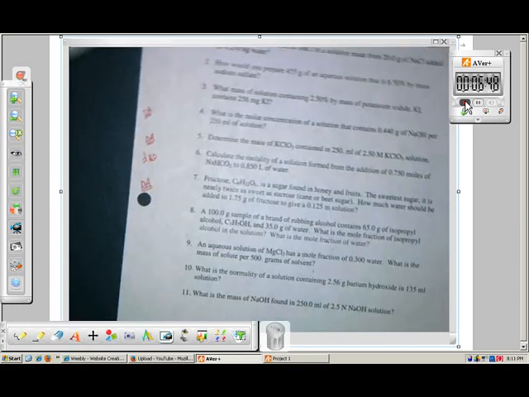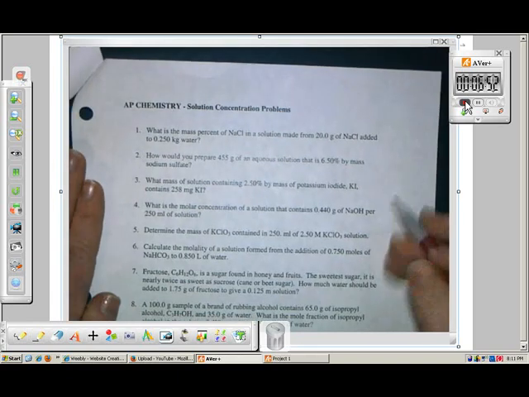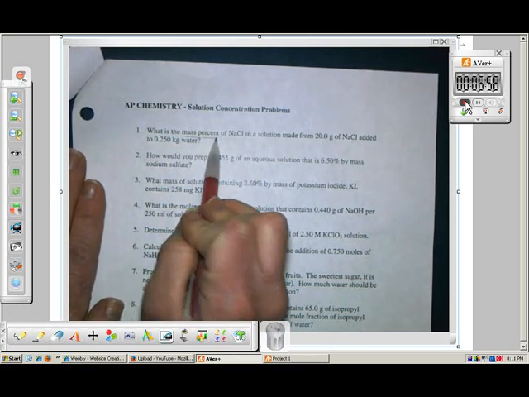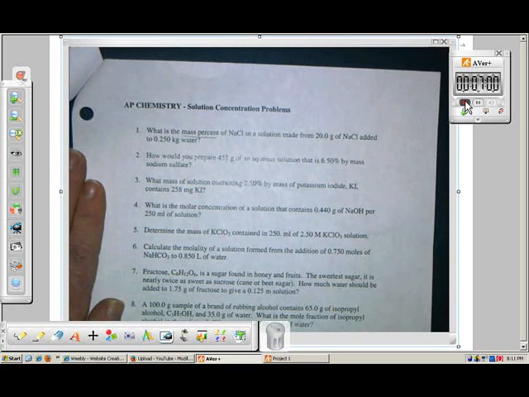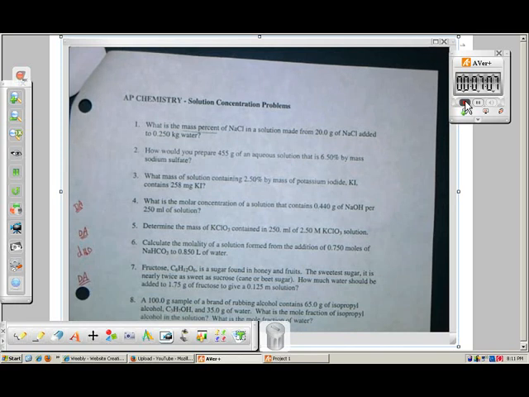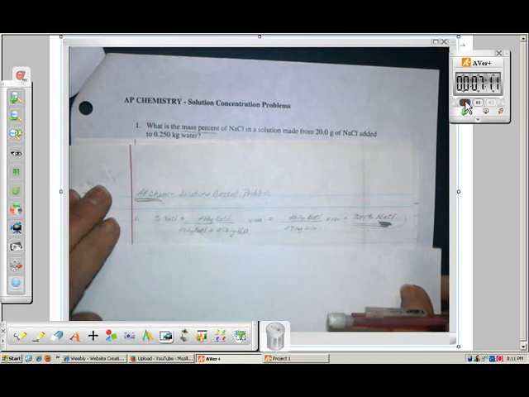So what I would like to do now is to go through some of the examples that are on the next page, highlighting some tips. The first example deals with mass percent. You are finding mass percent, and we simply need to be able to extract out what we need for our equation. For mass percent, it's grams of solute divided by grams of solution.